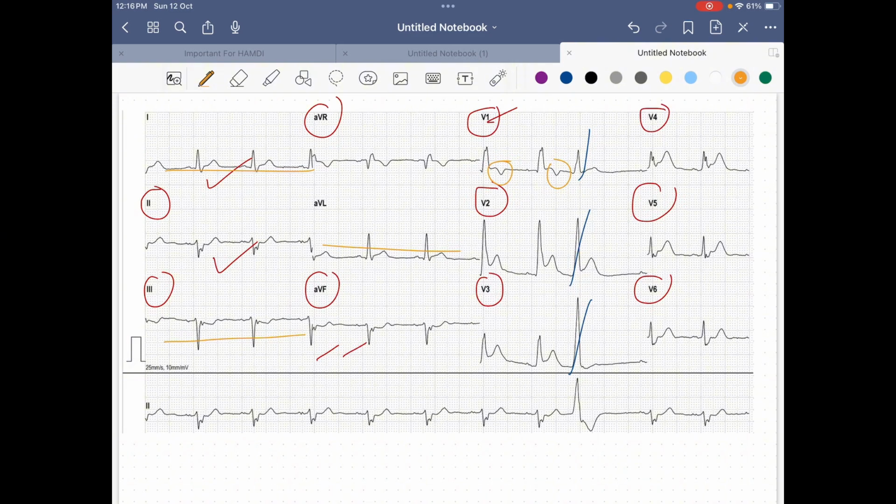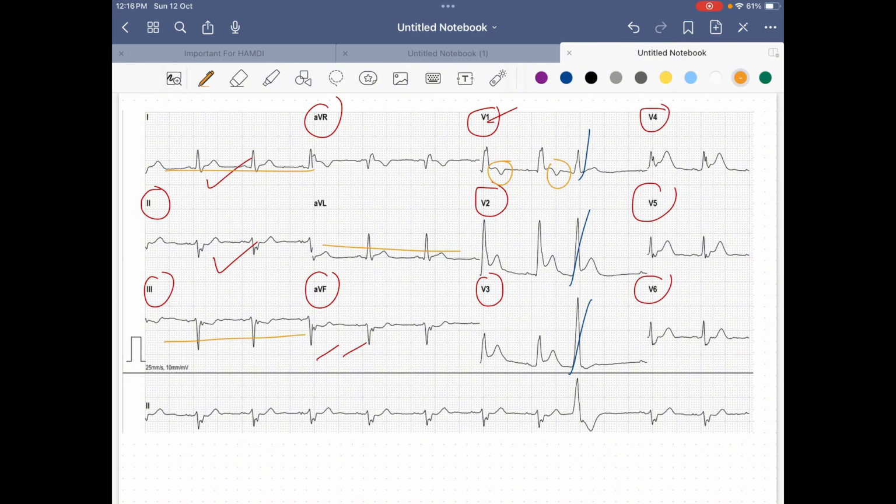The left coronary artery has two branches, the left circumflex artery and the left anterior descending artery. So some proximal point in the left coronary artery, particularly in the left anterior descending branch, is occluded in this ECG.